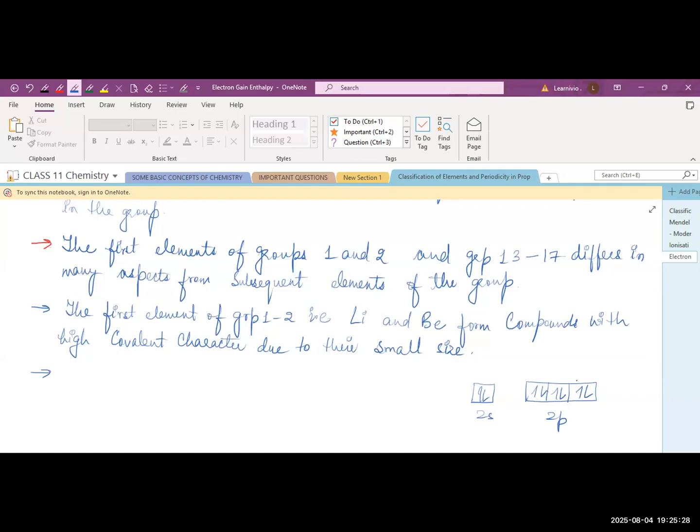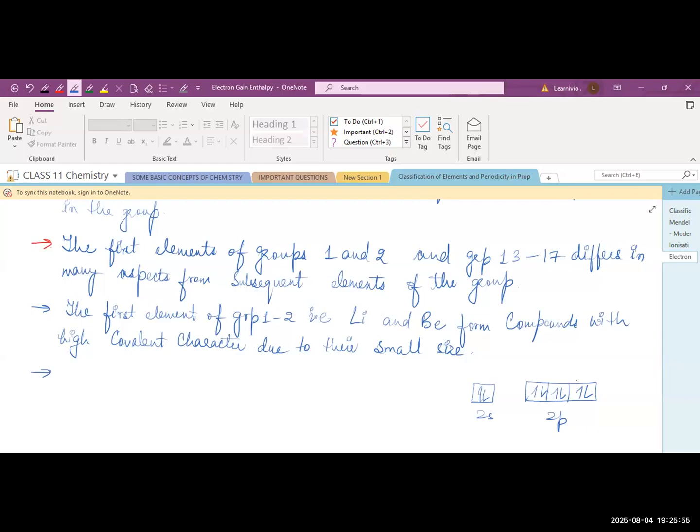But after the second period, means third period, fourth period, and so on, elements have a tendency to have more than 8 electrons, and hence they make more than 4 bonds. So that's the anomalous property of the second period, right?